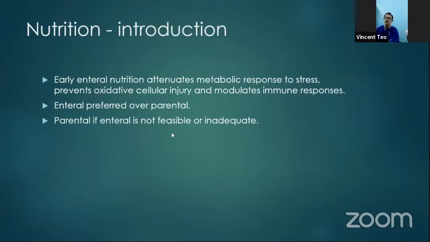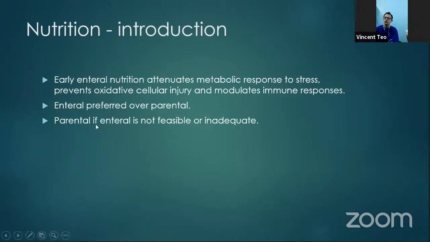However, patients that are generally intubated, we would be feeding them through an NG tube or an OG tube, orogastric tube or a nasogastric tube. So the importance of early nutrition is to attenuate the metabolic response to stress and prevent oxidative cellular injury and modulate the immune response.